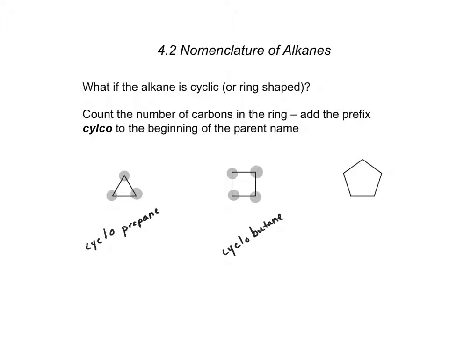And then this guy is 1, 2, 3, 4, 5. That's pentane. But because it's a ring, again, we specify that by calling it cyclopentane. Okay, and those were all of the rules for all the parents. So these are the exact same thing, but all you have to do is add on that cyclo prefix.